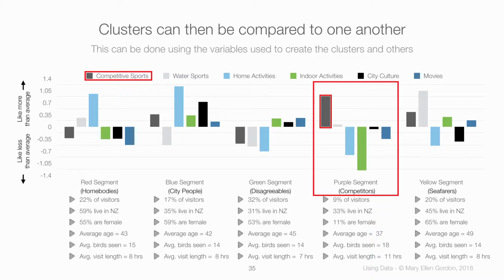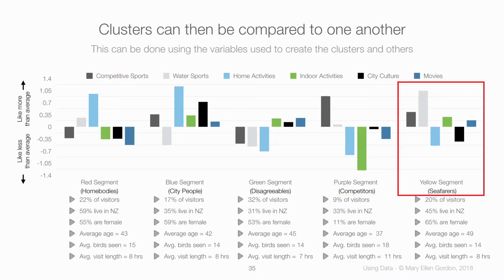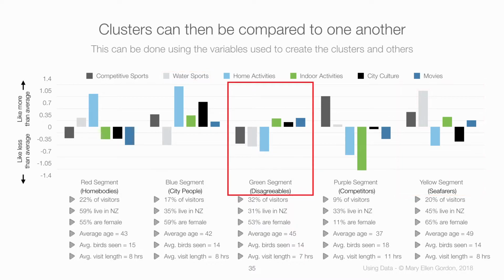And those shown over here, who were yellow in the previous diagram, are most interested in water sports. Members of this segment are not so interested in a number of activities, including competitive sports, water sports, and home activities. They're below average in all of those things.